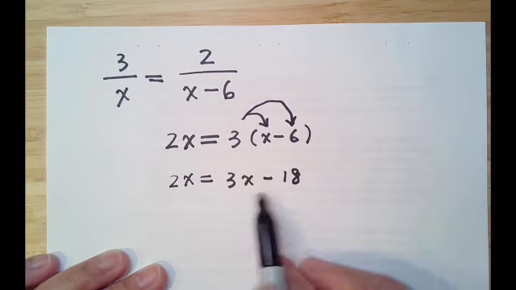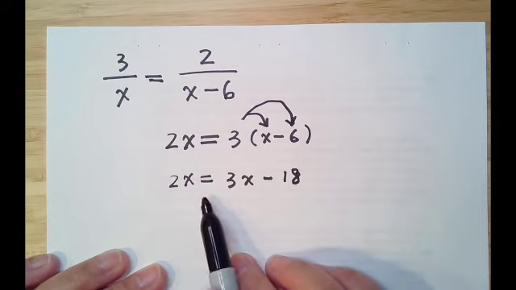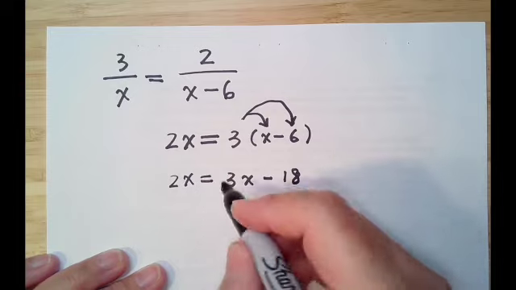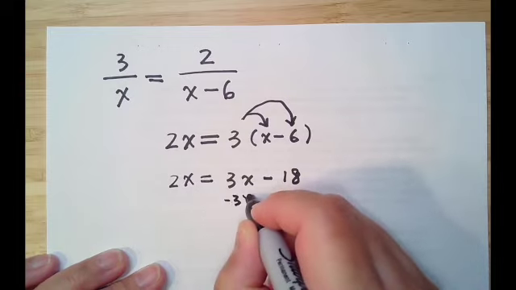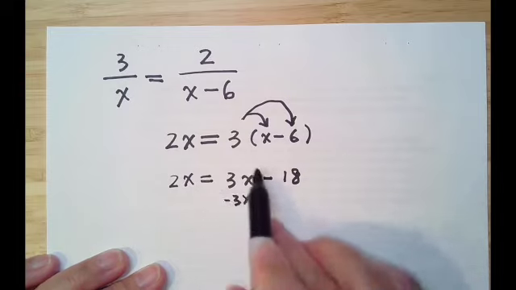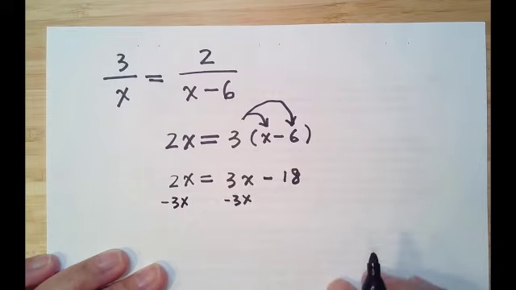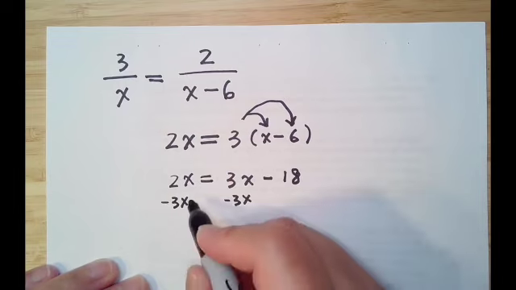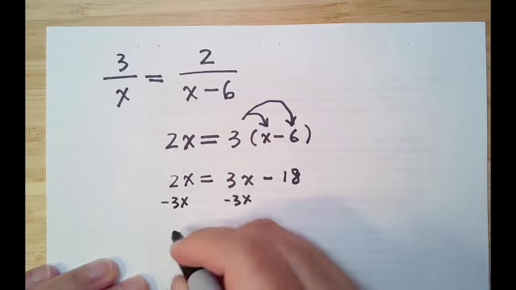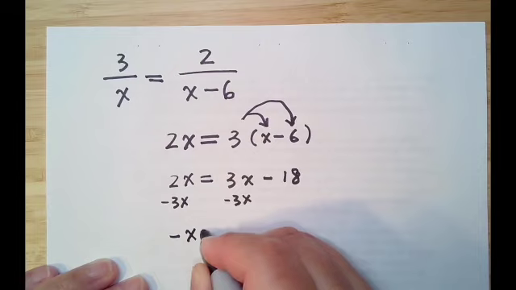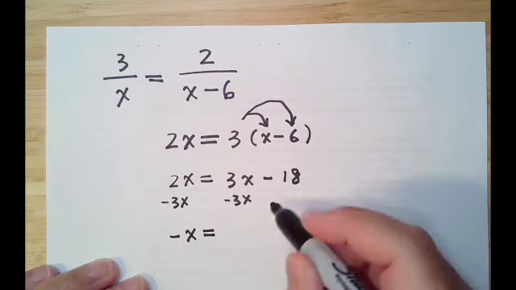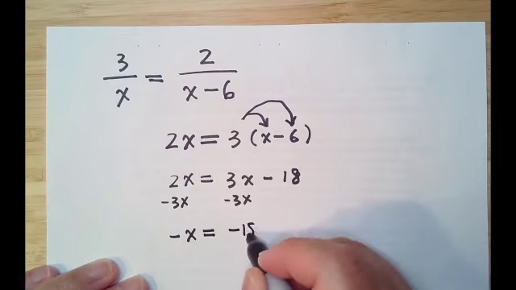Okay, this is not bad. So I am going to subtract 3x on both sides because then this side will have no x. It seems like I move all the x terms to one side by doing so. So 2x minus 3x, I have negative x equals, on the right side I only have negative 18.